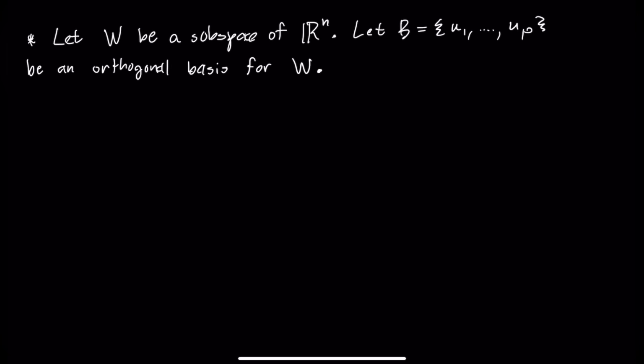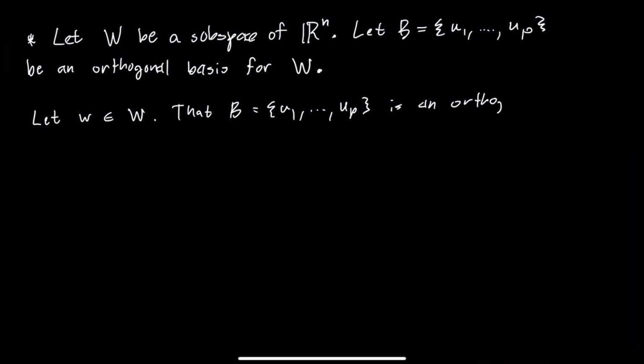So we could say let small w be in W, and we know that B equals U1 through UP is an orthogonal basis for W. Because it is an orthogonal basis for W, then we can write W as a linear combination.